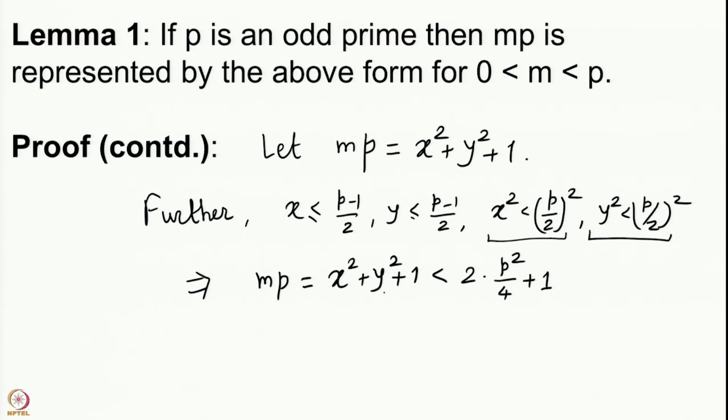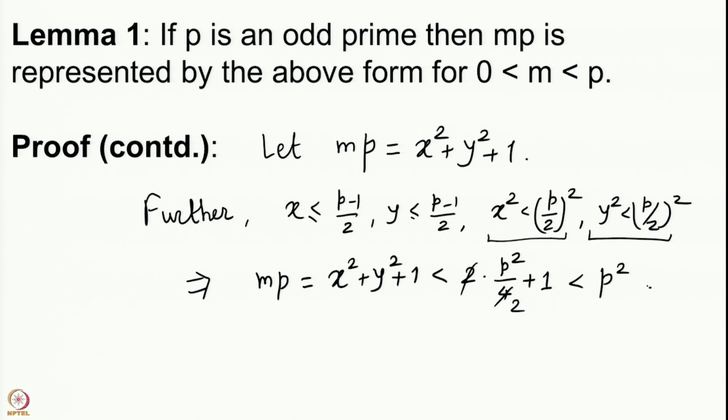So, the sum will be less than 2 times p square by 4 and you have 1, and if you cancel this 2, you just get p square by 2, which is easily seen to be less than p square. Remember, p is an odd prime and therefore 1 is always less than p square by 2.